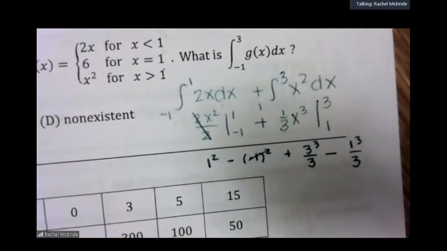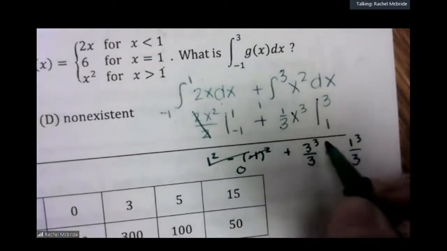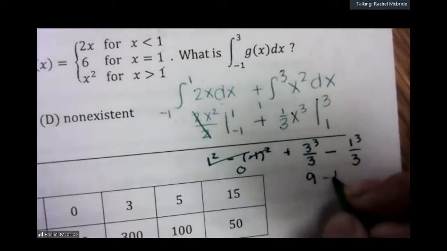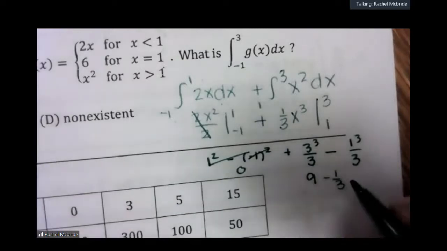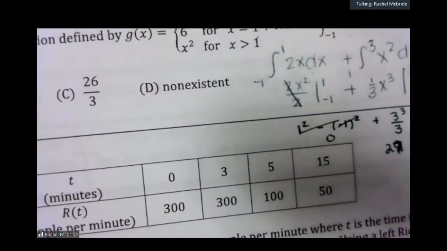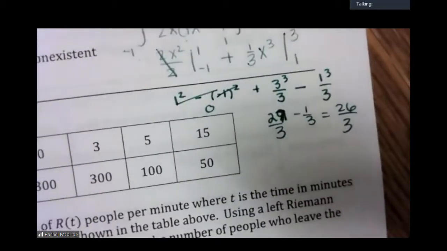But then 1 minus 1 becomes 0. 3 cubed is 27. 27 divided by 3 is 9. So you get 9 minus 1/3. And in terms of these problems here, they're all in fractions. So 9 is really the same as 27/3. So we get 26/3, which is C.